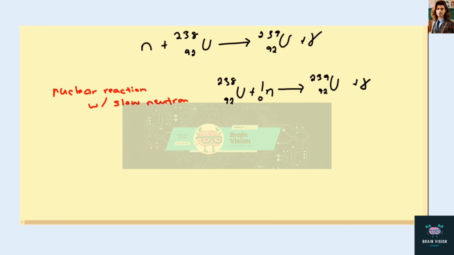So we need to find M initial, so I'm going to call it M initial here, the mass initial.